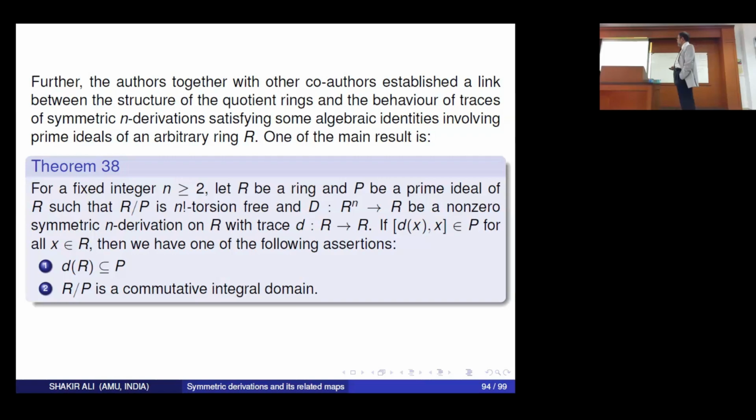Then we see the range of D in P, R upon P is a commutative integral domain. That means the quotient ring associated with this ring is commutative. So we describe the structure of the quotient ring via derivations.